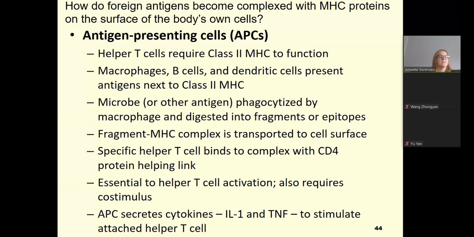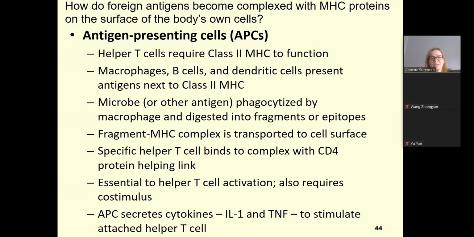That means the MHC class 2 complex is presented on phagocytic cells through digestion of the pathogen. The pathogen is digested into fragments, or epitopes, and these epitopes can then become complexed with these MHC proteins.